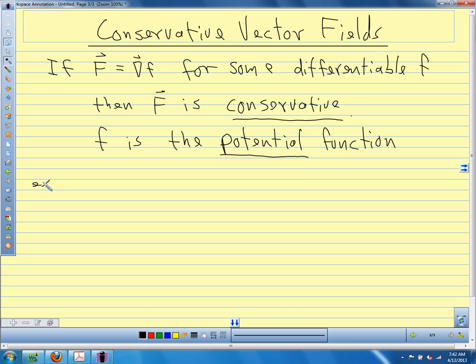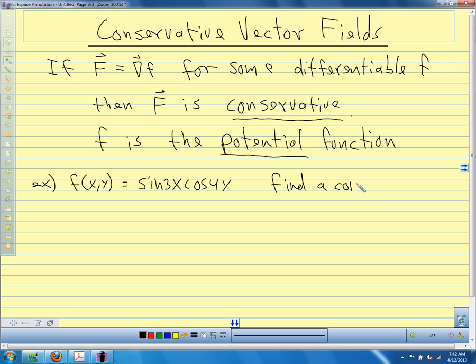If your problem gave you a scalar function and asked you to find a conservative vector field for this potential function, this should be an easy problem.